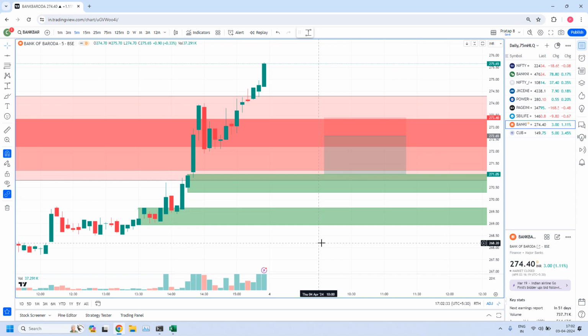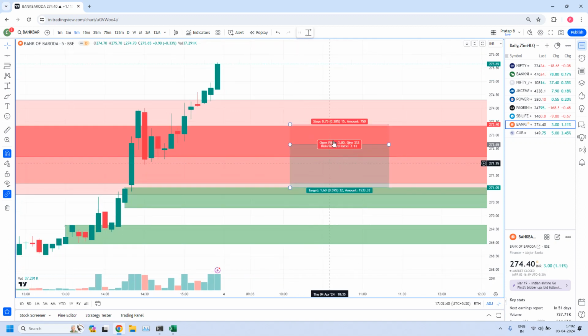If you are a highly experienced person, maybe you can take up to 1:2.5. Okay, so what is your entry? Maybe a small buffer little before, and here some buffer for stop loss. Approximately I am calculating. See what is the RR? You got 0.96. Not even 1:1 RR is there.